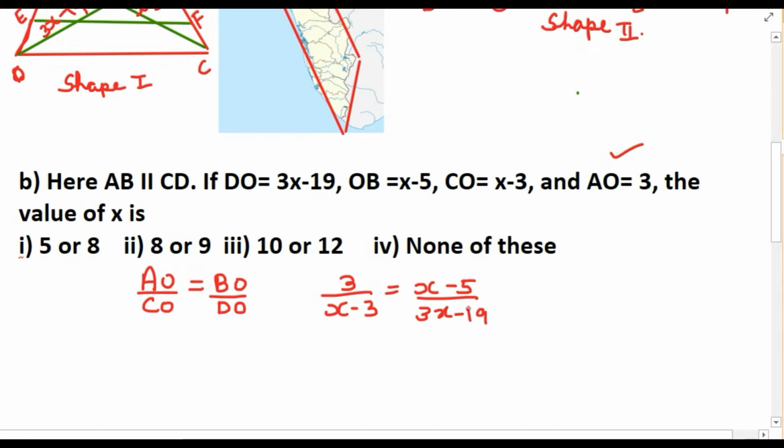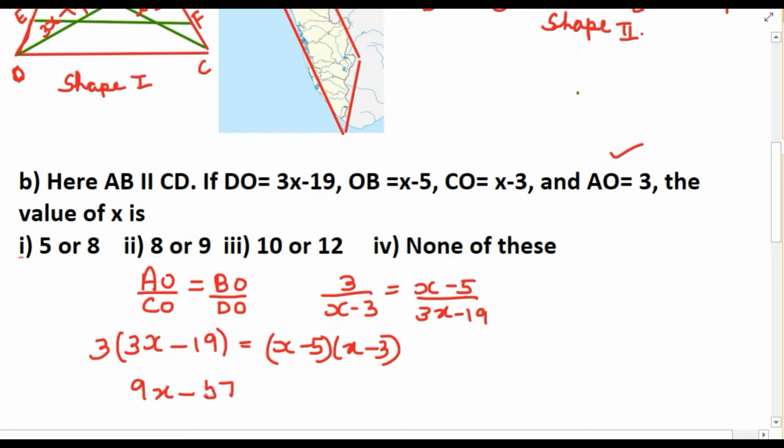Now we need to cross multiply to get the answer. So 3 into 3x minus 19 equal to x minus 5 into x minus 3, which is 9x minus 57 equal to x square minus 8x plus 15. Now we need to solve this.